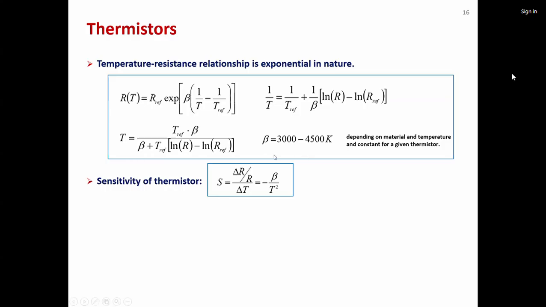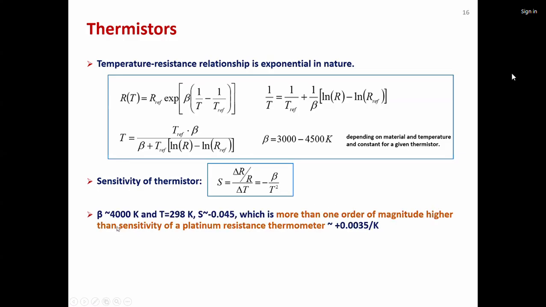So as we said, you can actually find the sensitivity, which is if you differentiate this equation and try to find dR over dT and divide by R, you would actually get minus beta over T squared. You can do it for yourself and find out.